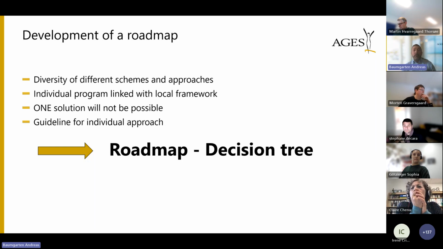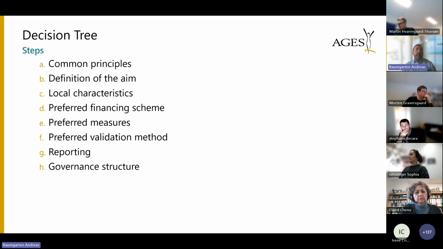And in this way, it should be possible to then develop a kind of an ideal scheme that could serve as a role model for the local applications. Now, this decision tree should include, to our mind, the following points. We have to have common principles that should be obeyed by all these different schemes.